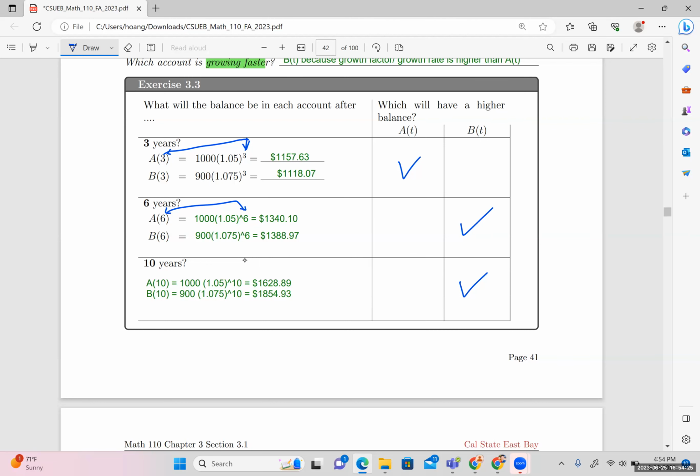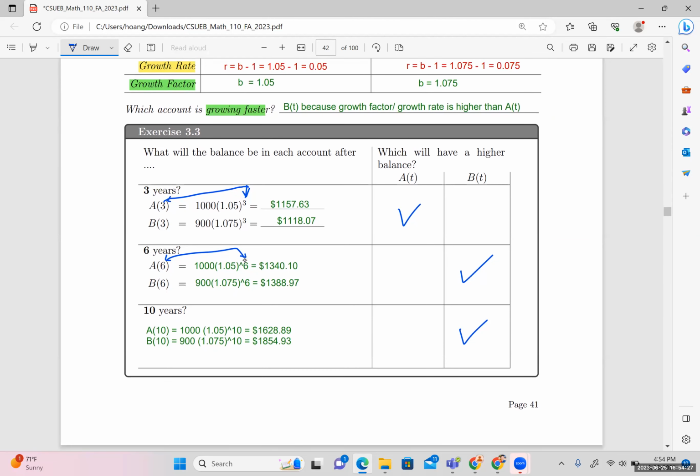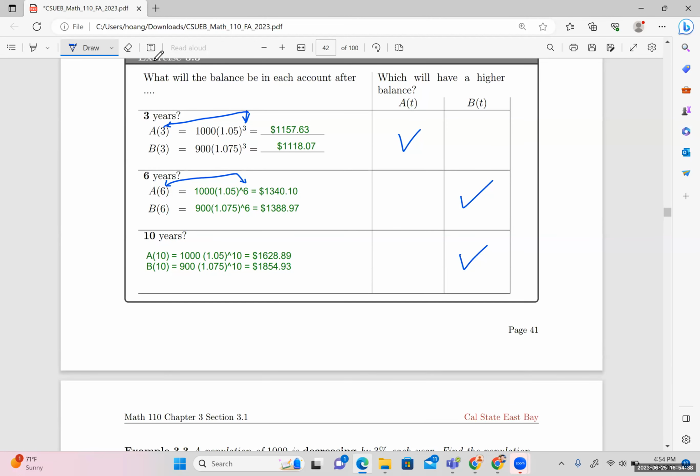According to this, the balance, or I'm gonna say the values in the future, I'm gonna note that.